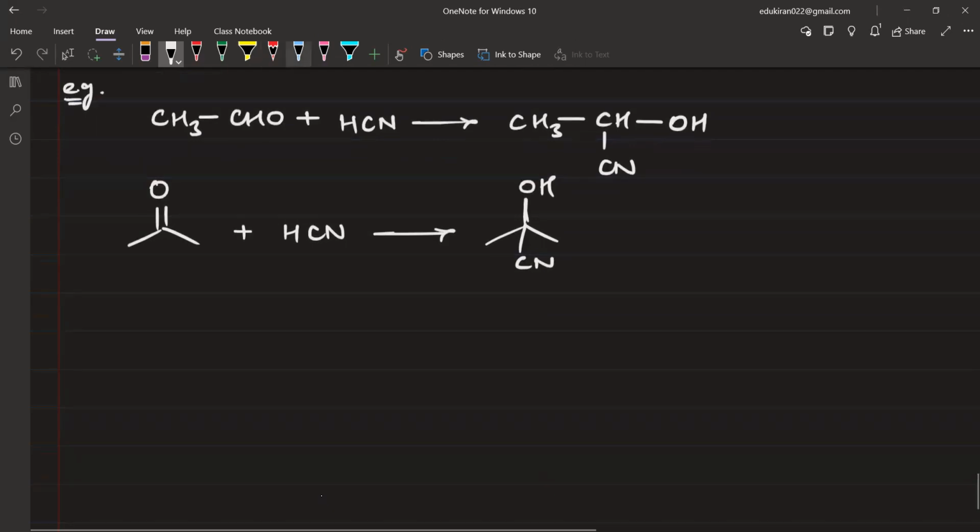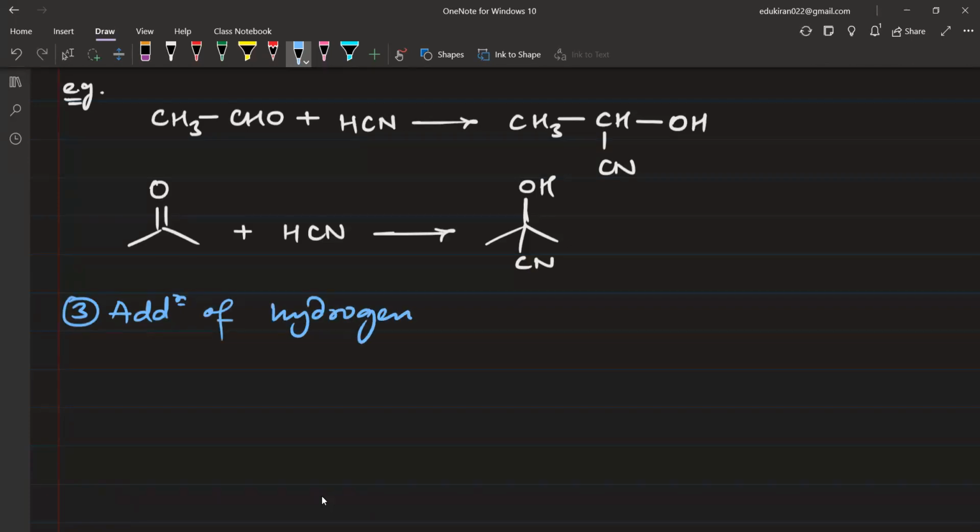Addition, third one, addition of hydrogen sulfide. Third is addition of hydrogen sulfide. Now, please write.